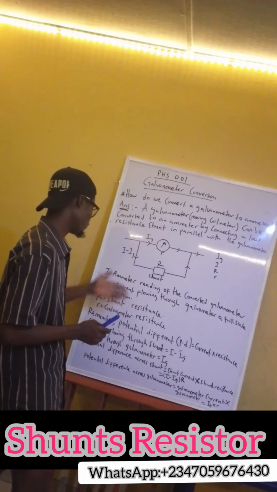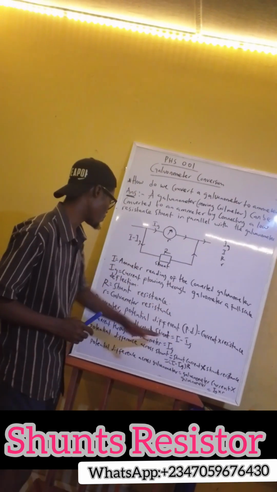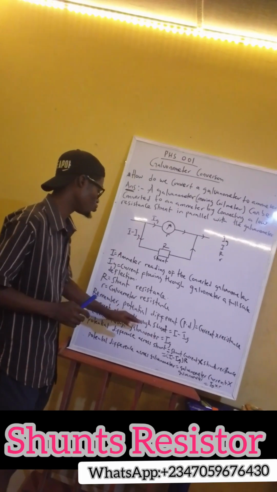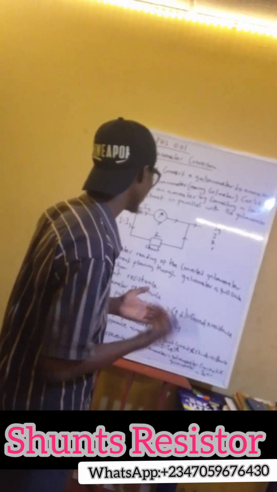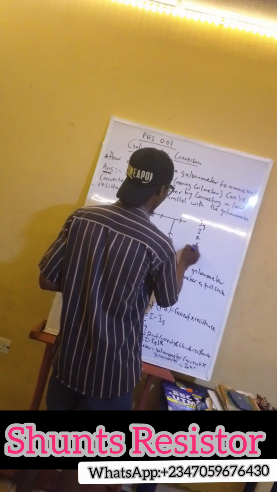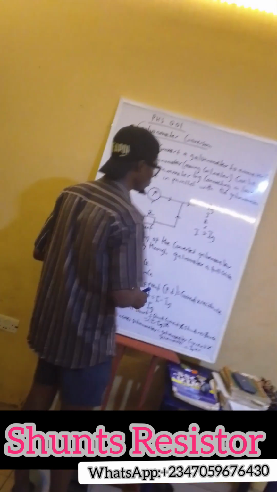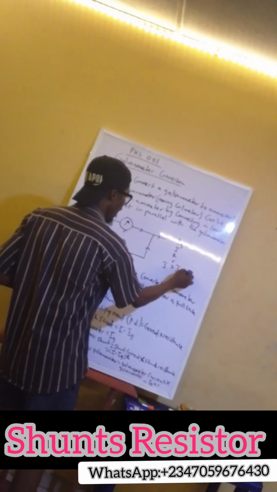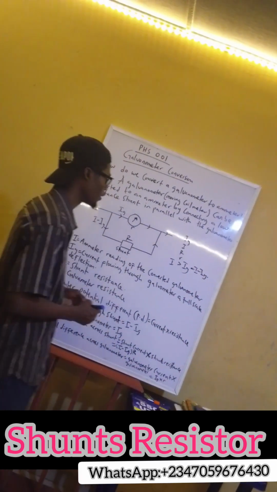Whenever we have something like I minus IG, it represents the current flowing through the shunt, because in case you have to calculate the current flowing through the shunt, it is always I minus IG. The ammeter reading I is always greater than IG, which gives us I minus IG. Take note of this very carefully.